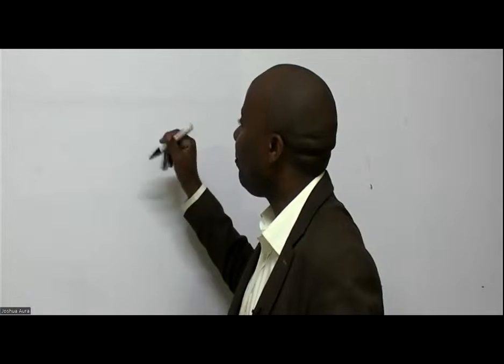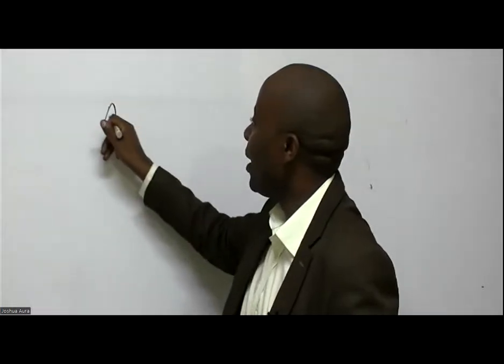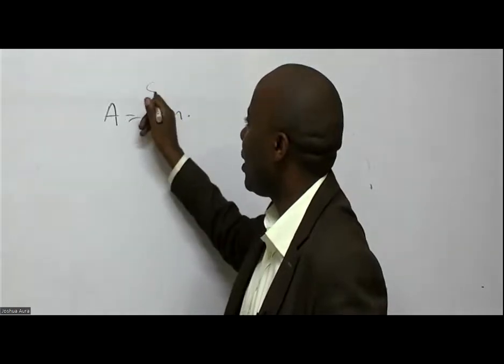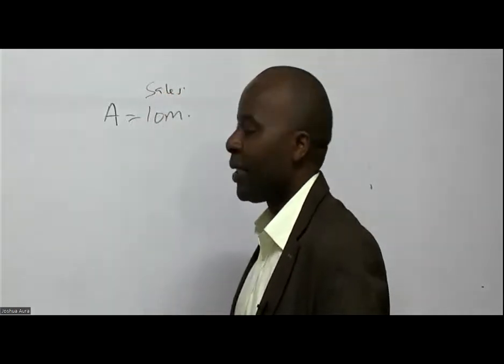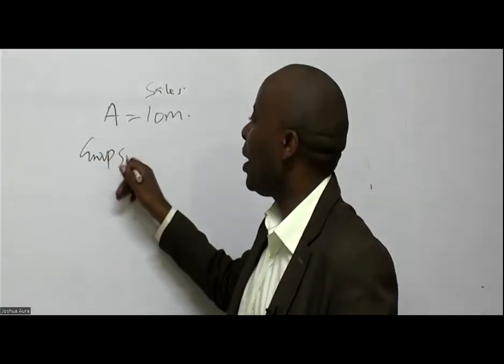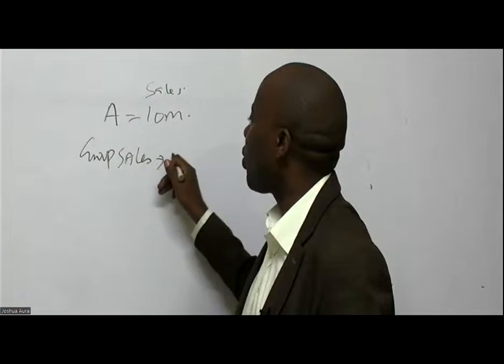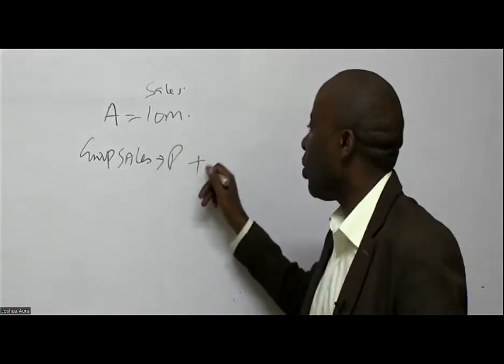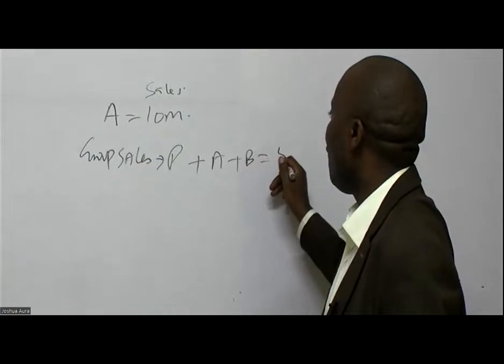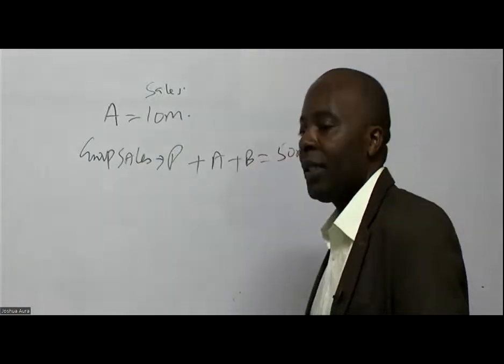If we have subsidiary A with sales of say 10 million, and then the group sales, meaning the parent plus all subsidiaries, is say 30 million.